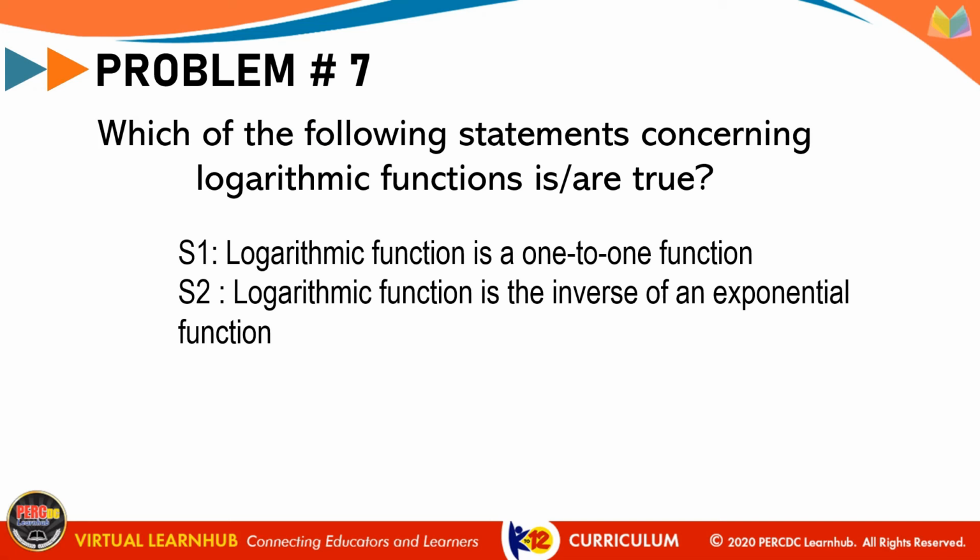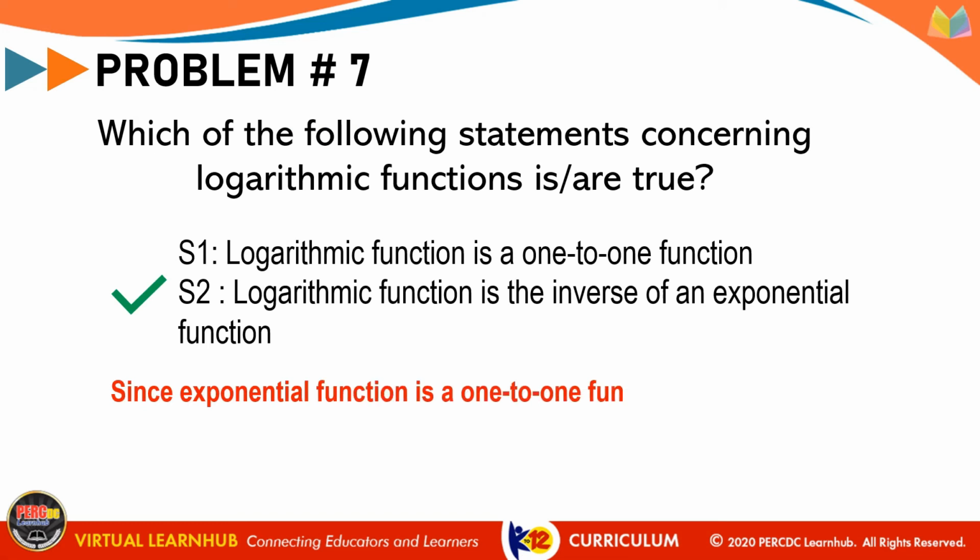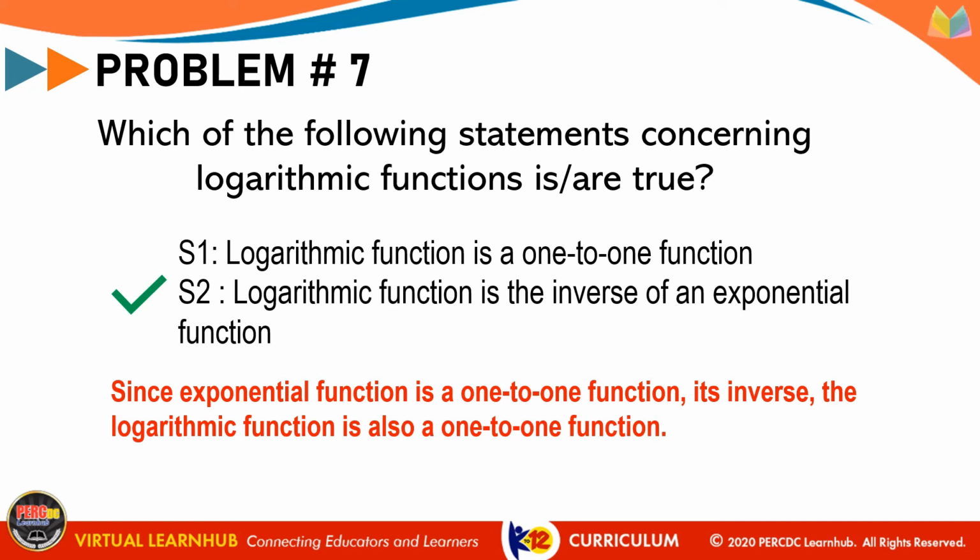In our previous slides, we defined that logarithmic function is basically the inverse of exponential function. Therefore, statement 2 is correct. Since exponential function is a one-to-one function and its inverse, the logarithmic function, is also a one-to-one function, therefore statement 1 is also correct.